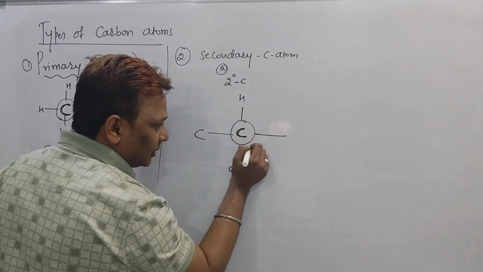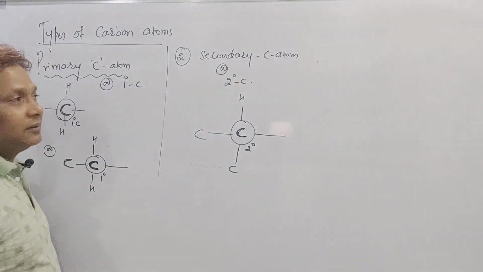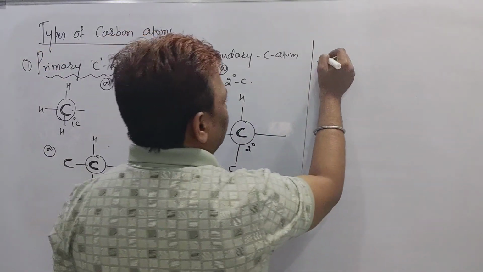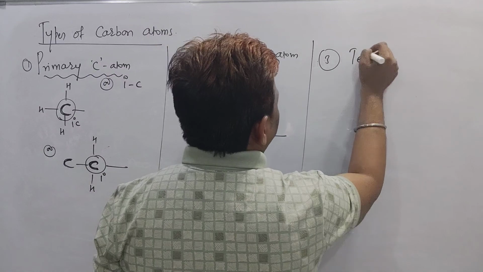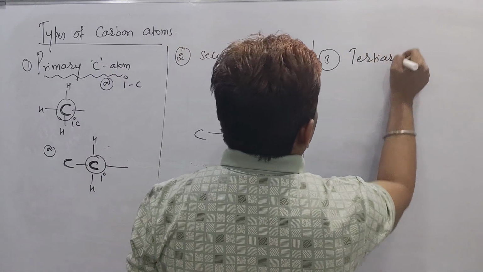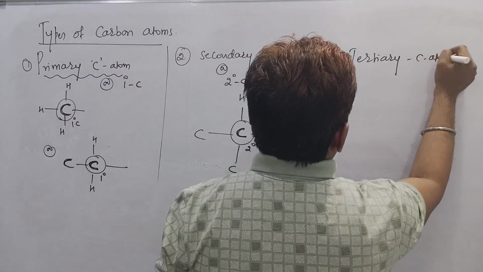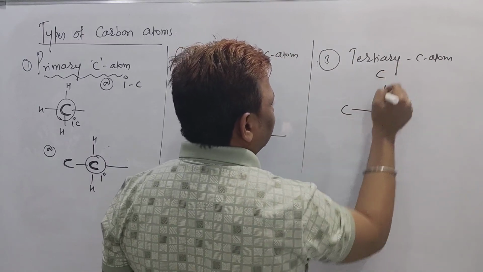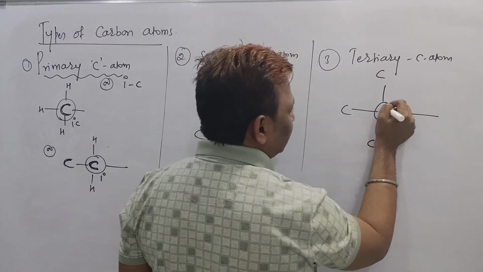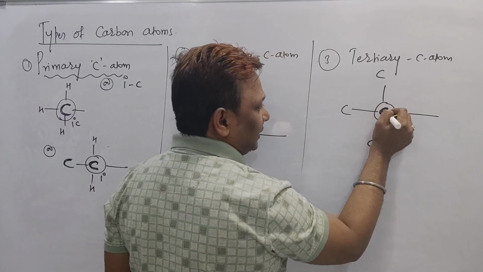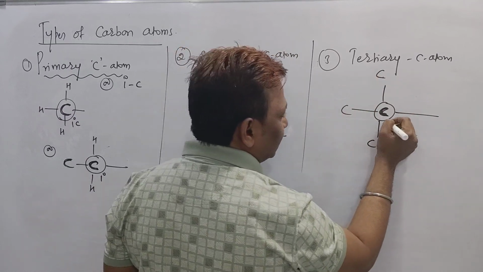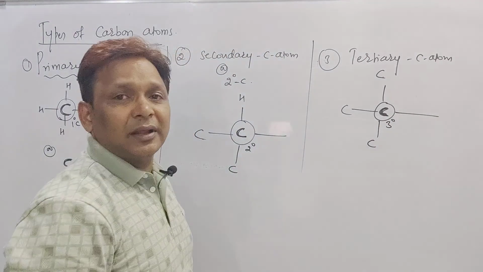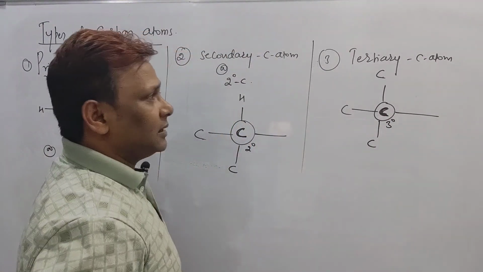So this carbon is called a secondary carbon. The third type is called a tertiary carbon. See, a carbon atom that attaches with 3 carbons. This is the carbon atom, it is attached with 1, 2, 3. So this carbon is called a tertiary carbon, a 3 degree carbon.